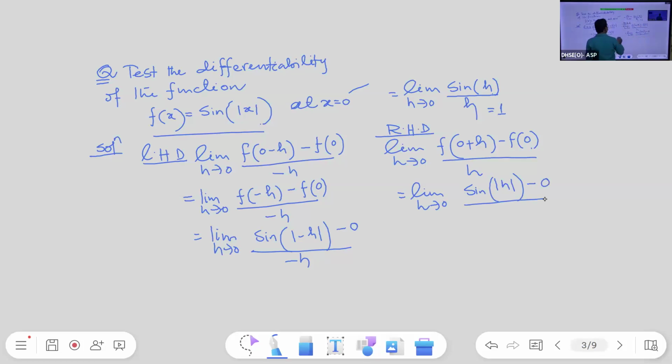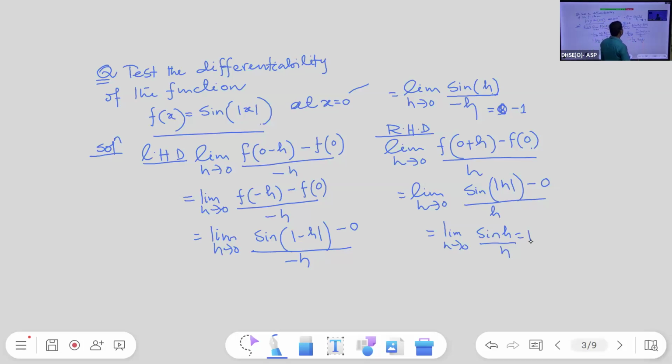Sorry guys, this is minus h, the left hand derivative is minus 1 upon h. This is equal to limit h tending towards 0 sin h upon h, and sin h upon h is equal to 1. So here we find that the left hand derivative exists, that is equal to minus 1.